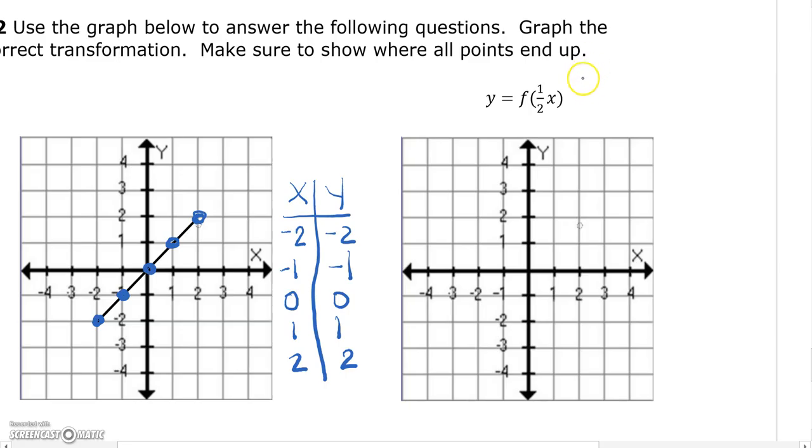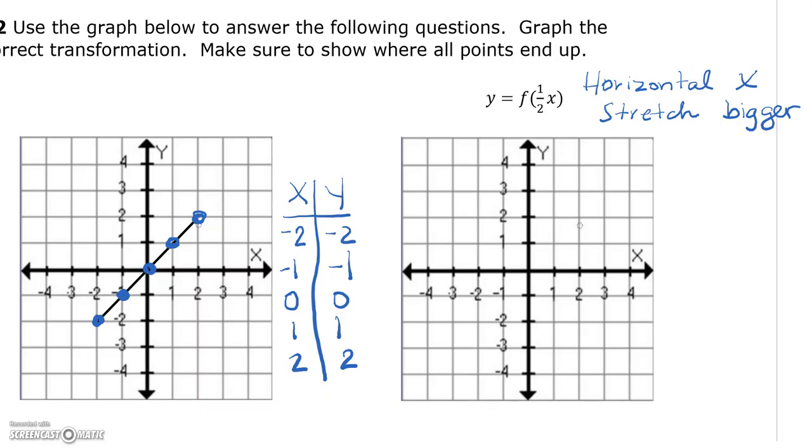So if you had looked at the board and saw which one looked like that, it is a horizontal stretch. So that means that our x values are going to get bigger. And you can tell how much bigger because I've told y'all if it's inside the parentheses, you think of the opposite.